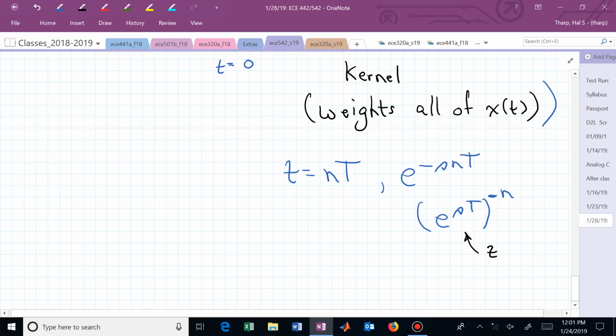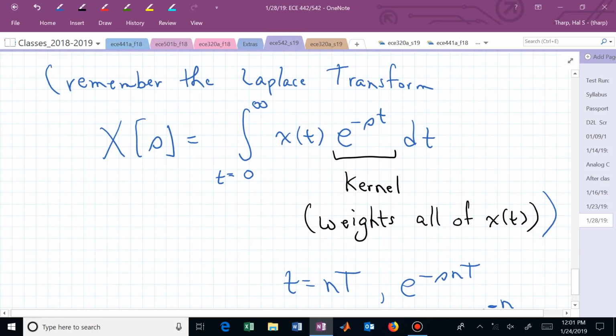That's our operator in the discrete time setting for a frequency domain operator, raised to the minus n. Well, what if we do that?